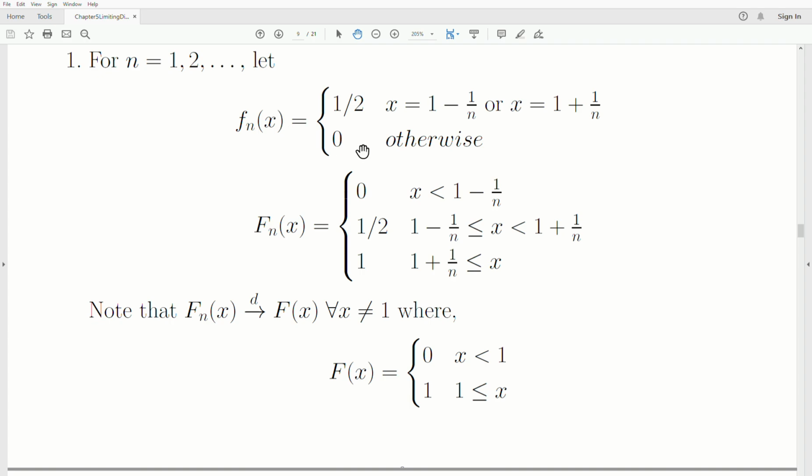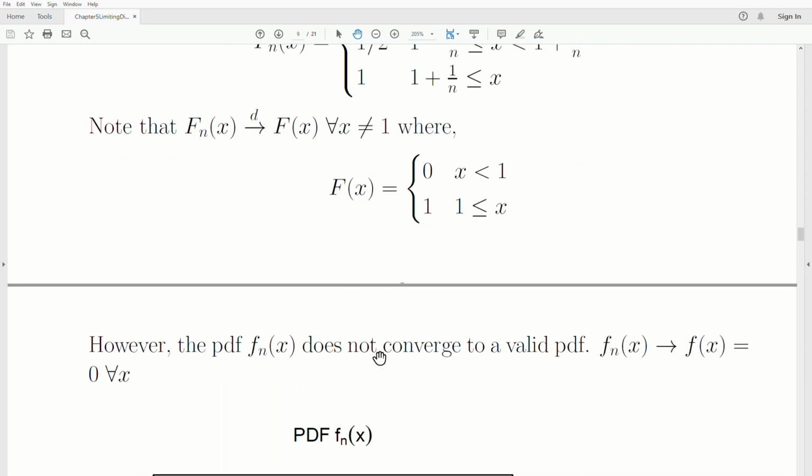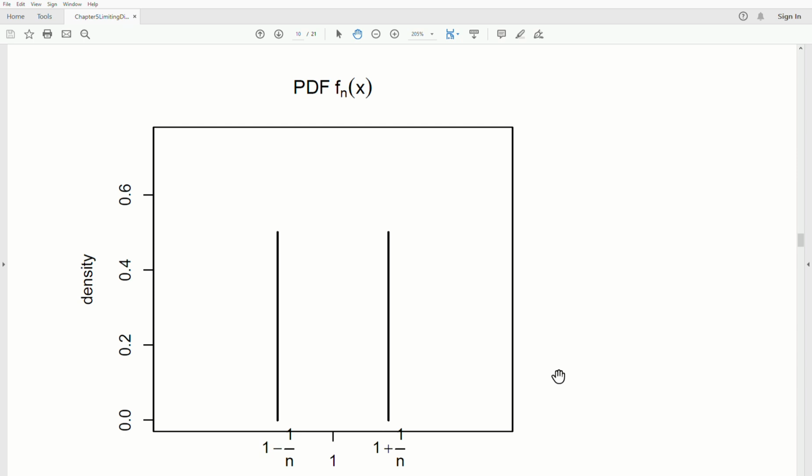However, the PDF f of n does not converge to a valid PDF. f of n converges to 0 at all x. Okay, to illustrate that, let's look at the PDF. And so this is the density.